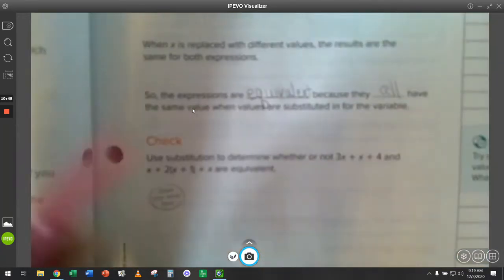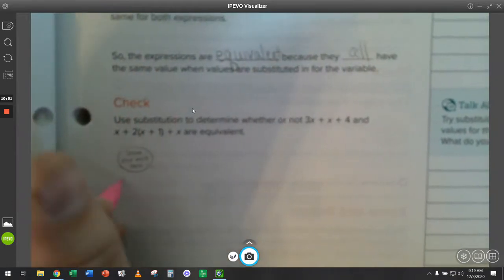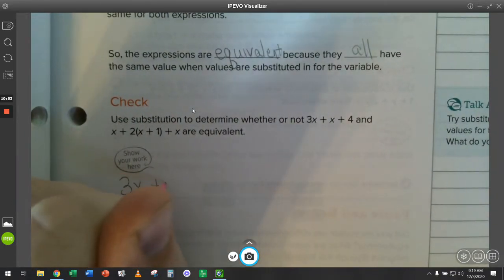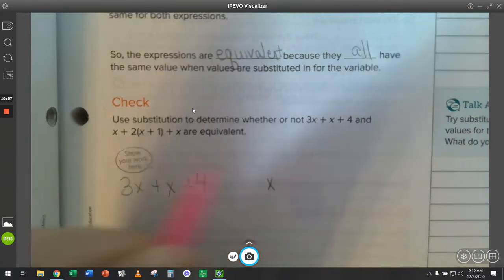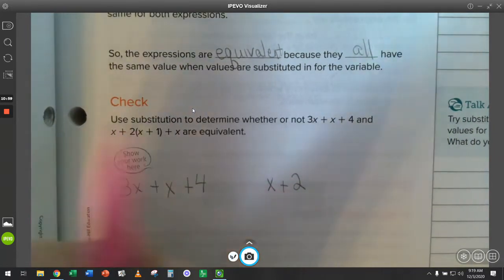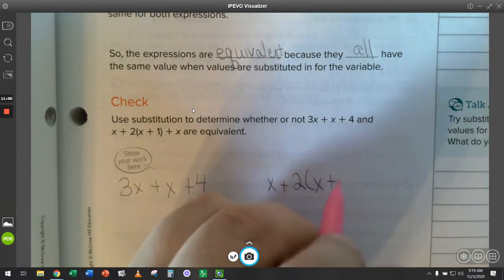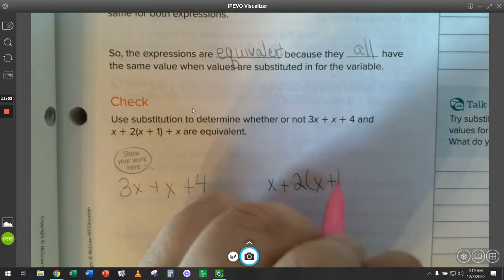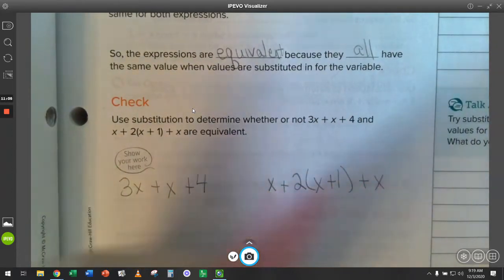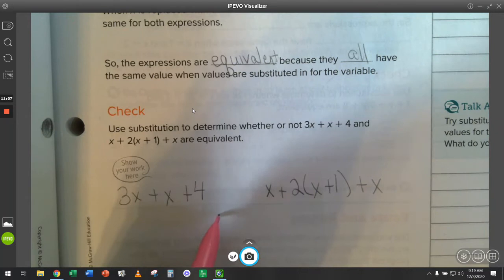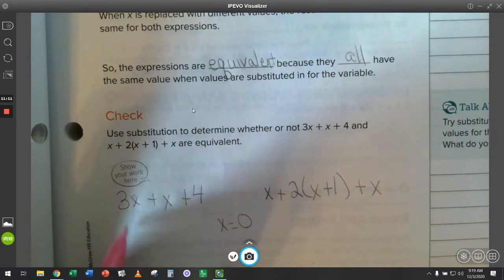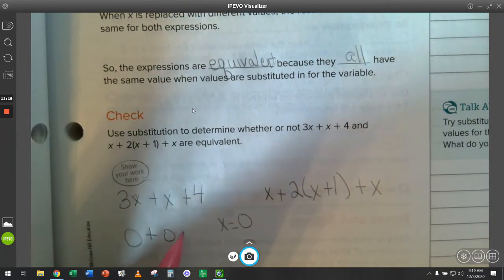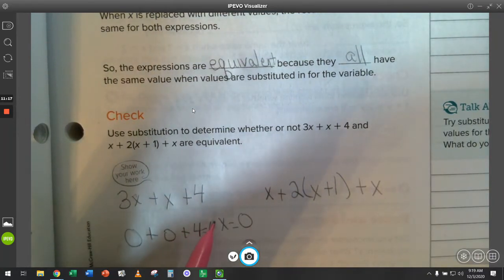So let's go ahead and try that with this problem here. We have 3x plus 4 and x plus 2 times x plus 1 plus x. So what if x equals 0? 3 times x, so 3 times 0 would be 0, plus 4 would equal 4.